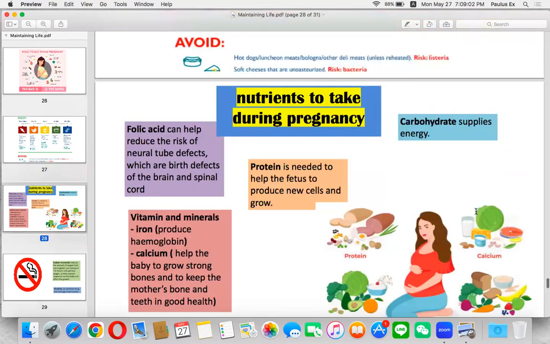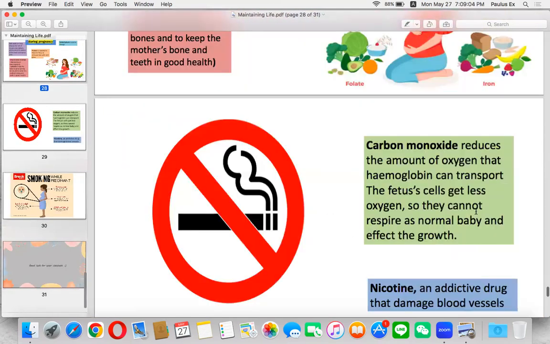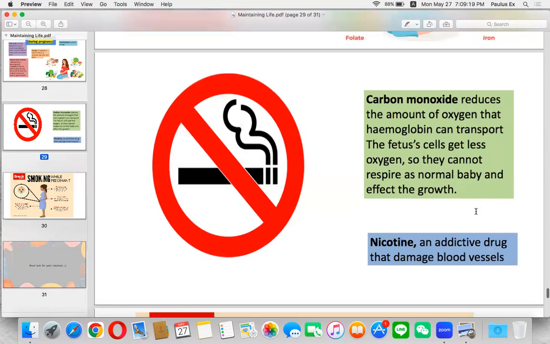And then also nicotine, an addictive drug that damages blood vessels. That's why the mom has to avoid carbon monoxide and nicotine when they are pregnant.